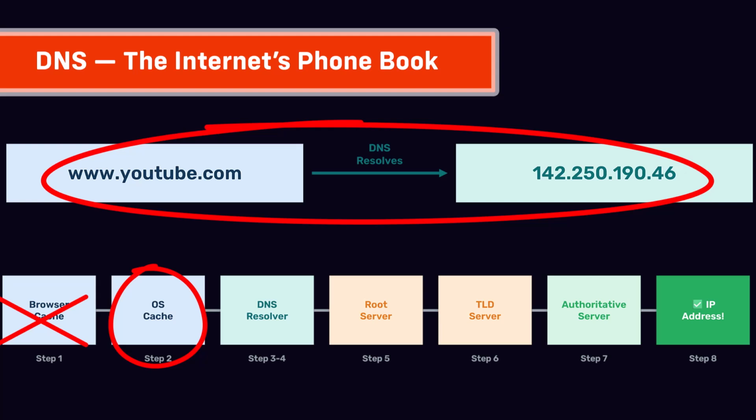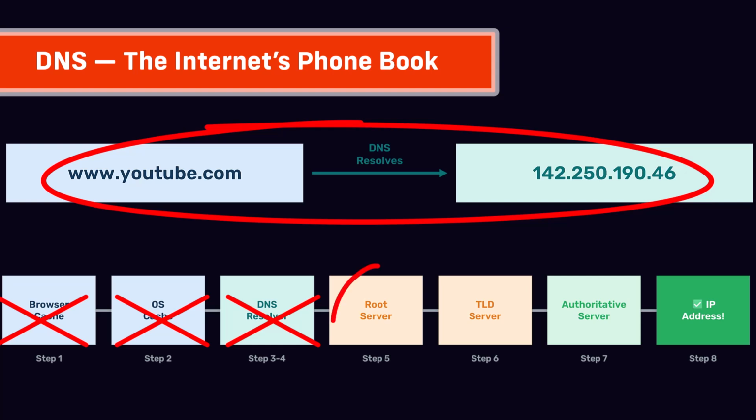Step 3: if the OS doesn't have it either, it sends the request to the DNS resolver. This is usually run by your ISP or a public service like Google, which has 8.8.8.8, or Cloudflare, which has 1.1.1.1. Next step, the resolver checks its own cache. If it doesn't have the answer, it begins a journey through the DNS hierarchy.